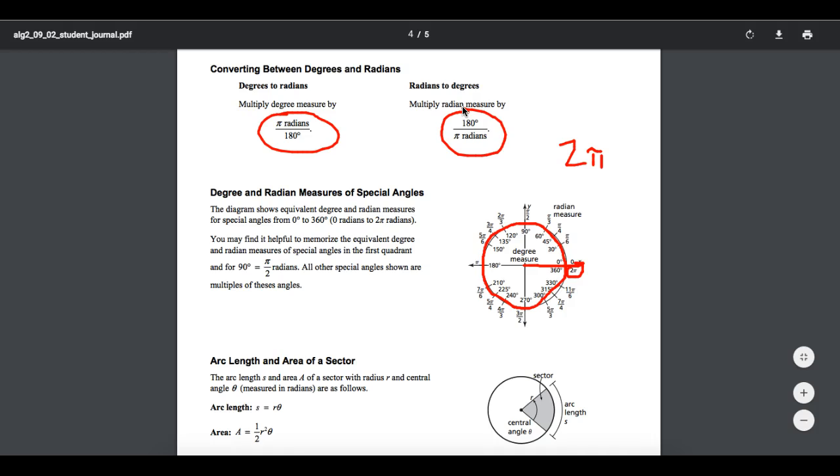And to go from radians to degrees, it's 180 over pi. Now, what you'll notice is that each 90 degrees is equal to pi over 2 radians. So 90 is equal to pi over 2, 180 is equal to pi, 270 is equal to 3 pi over 2, and again, 360 is equal to 2 pi.